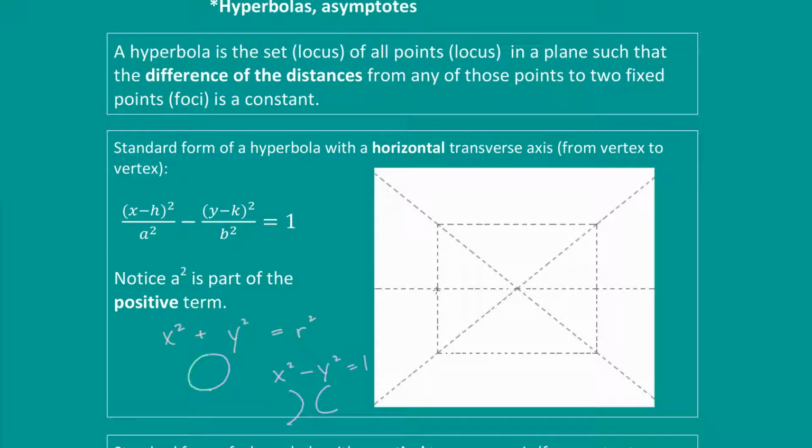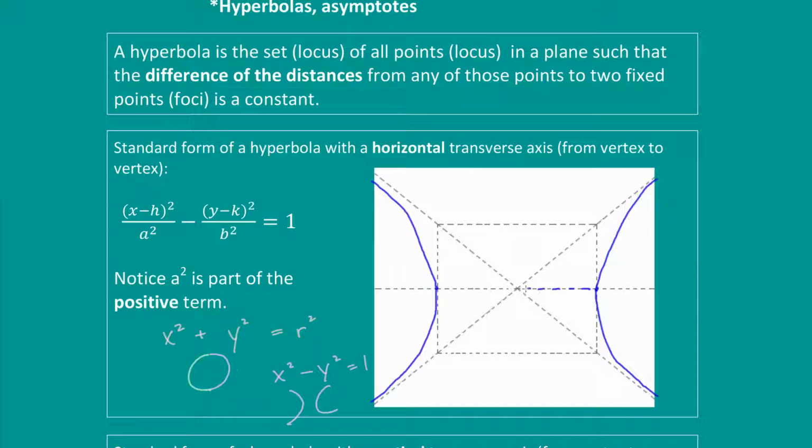Well, what do I mean by transverse axis? Well, if I was to draw out a hyperbola, let's draw this. Got a bunch of asymptotes. We're going to get closer to there and there, and also here and say there.